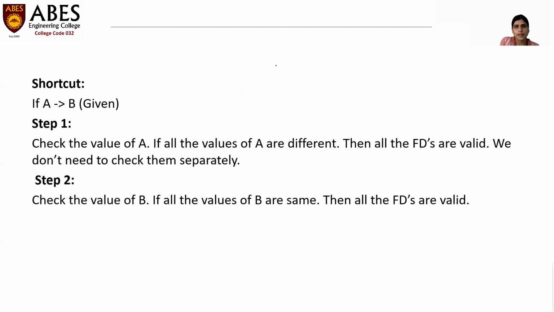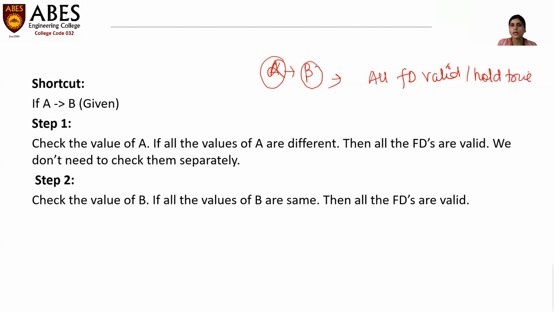So the shortcut says that if there is a functional dependency from alpha to beta, we check all the values of alpha. If all the values of alpha are unique, we need not check the values of beta. All the functional dependencies will be valid irrespective of the values of beta.